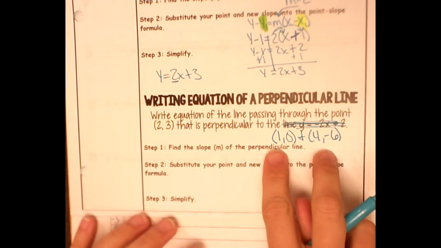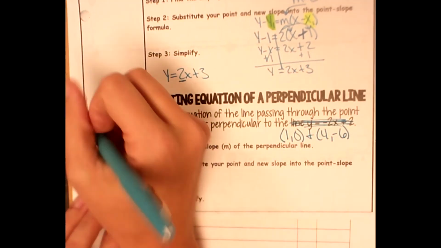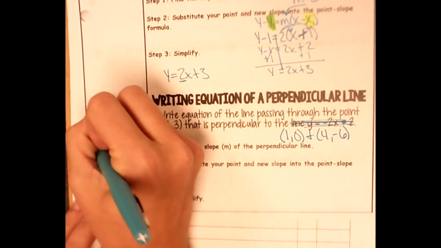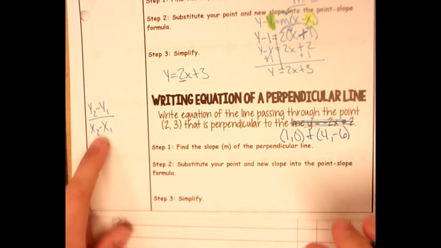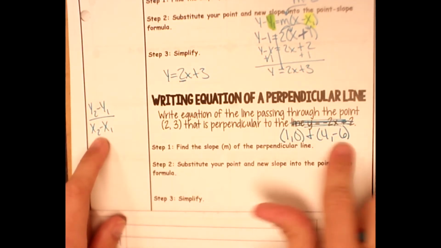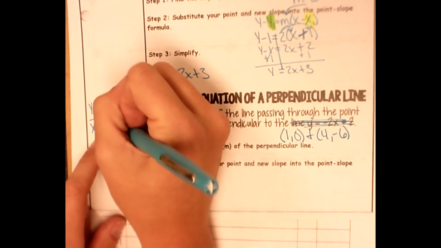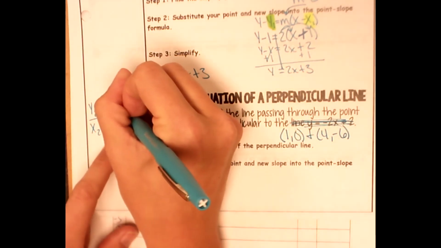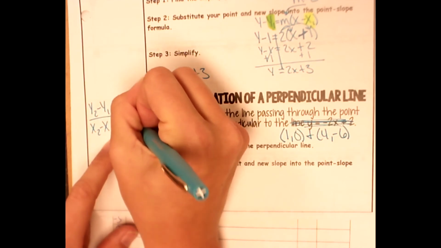You might say, what does that mean? You can find the slope of 2 points. Remember, your formula to find slope is y2 minus y1 over x2 minus x1. I know there's a lot of x1, y1s floating around, but we're looking at these 2 points. We're trying to find the slope of these 2 points. If we substitute in, y2 is -6 minus 0 over 4 minus 1.